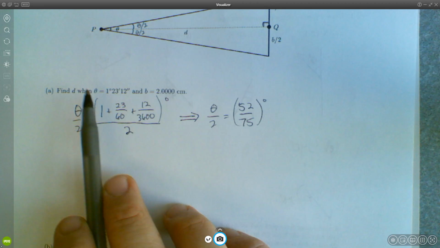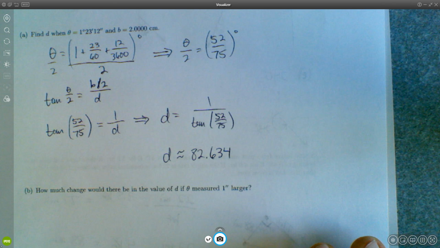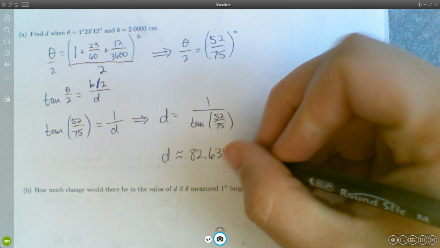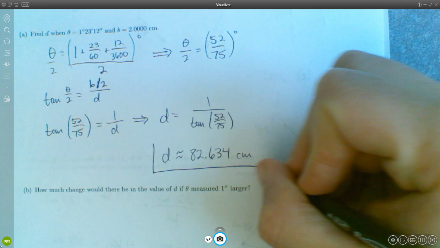So d is 1 over tangent of 52 over 75. And remember, we're going to round to 5 significant digits. So 1 over tangent of 52 over 75 is about 82.634. To 5 significant digits, that would be 82.634 centimeters. Okay, so that's that distance.